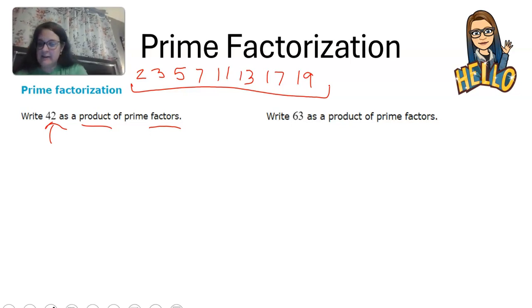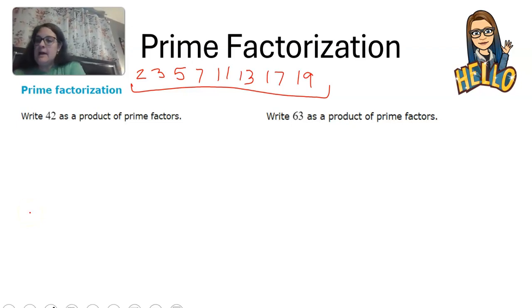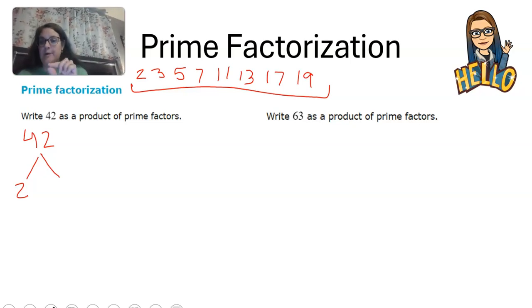So let's see here if I can get my eraser. There we go. And see if we can come up with 42. Right off the bat, we can see that 42 is an even number, so we know that it's going to be divisible by 2. I always try to start with the smallest prime number. 2 will go into 4 2 times. 2 times 2 is 4.